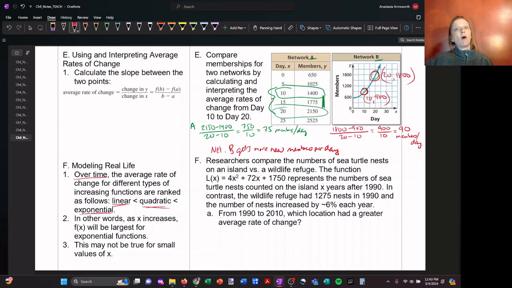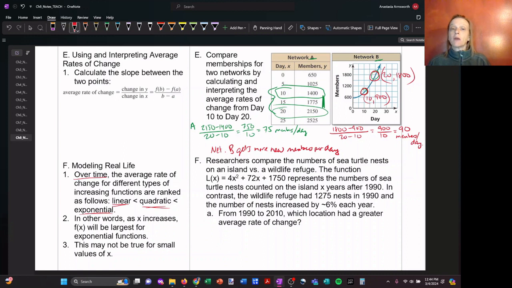If you let time go on and on and on for long enough, the linear rate of change will always end up being less than the quadratic rate of change, and that will always end up being less than the exponential rate of change. It may take a while to achieve those differences, but eventually those differences will appear.